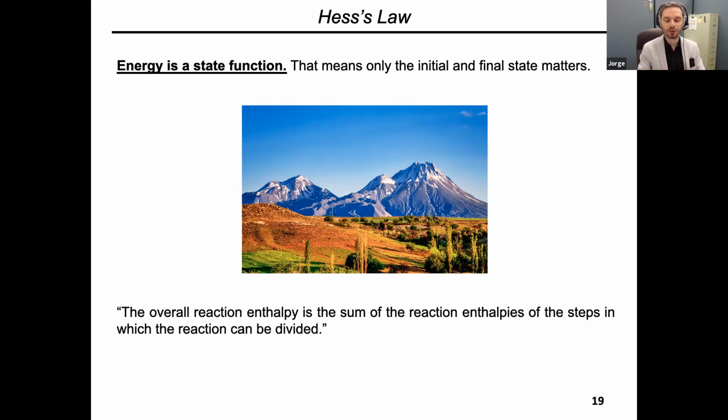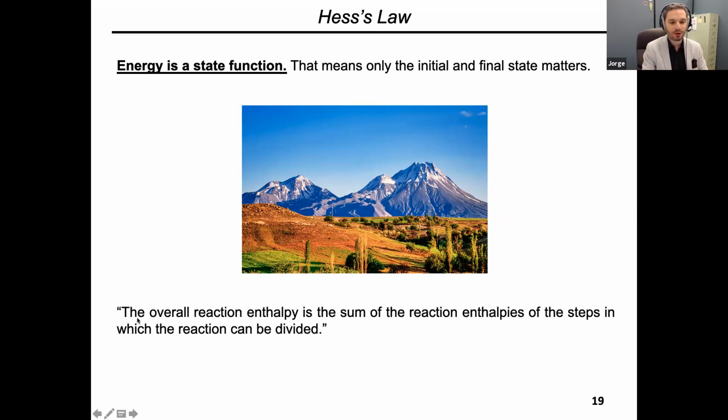So if we measure the height that we needed to go from bottom to top, it doesn't matter if we measured from here to here, or from here, here, here, or here, the height is the same. And that's the same idea for chemical reactions. We may take just one direct way to the product or go through intermediate steps to get to the end. It does not matter.